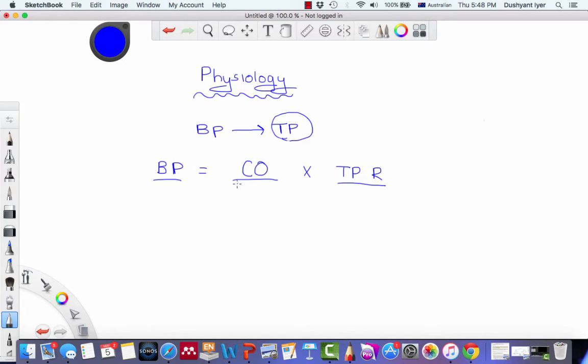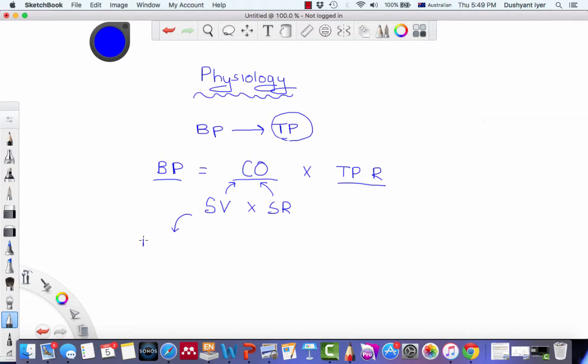Cardiac output itself can further be broken down into the stroke volume, the amount of blood ejected with each contraction of the heart, times the stroke rate, the number of times the heart beats every minute, right? So those two things determine the cardiac output. And then stroke volume itself is determined by three factors. You might remember this from phase 1.